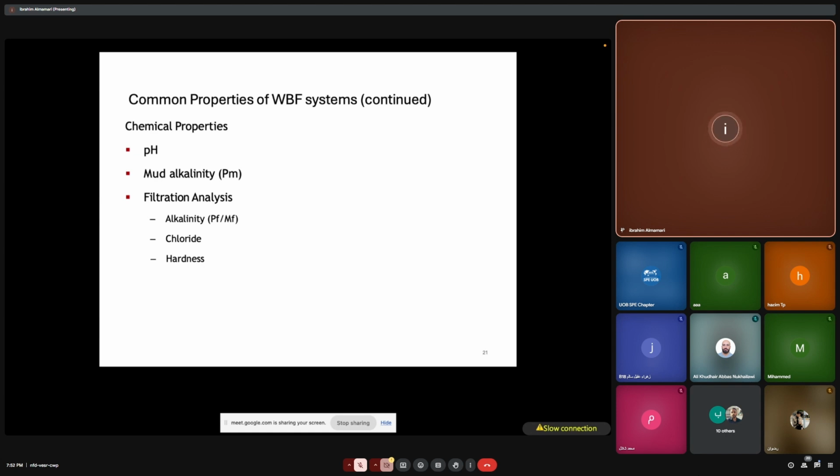So chloride is the amount of chloride in the mud, and the hardness is the amount of the calcium and the magnesium in the mud. And with high hardness, the additives in the fluids cannot work very efficiently.